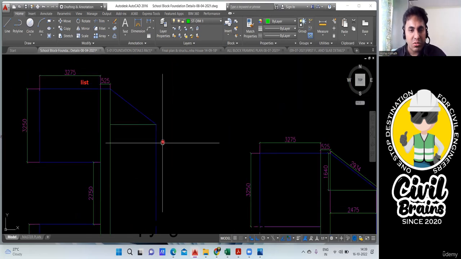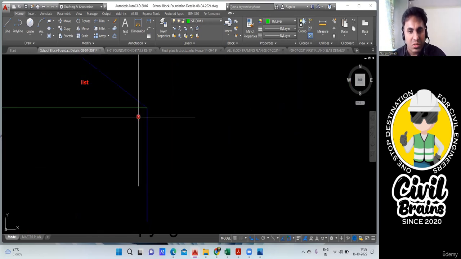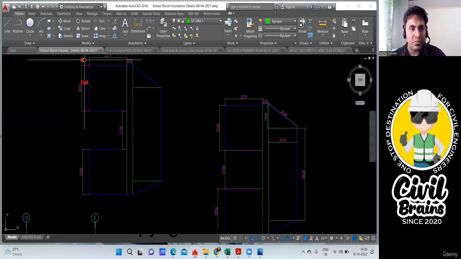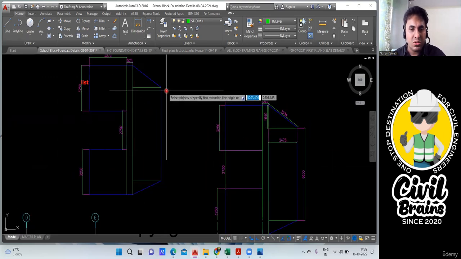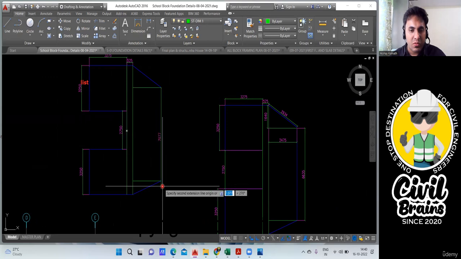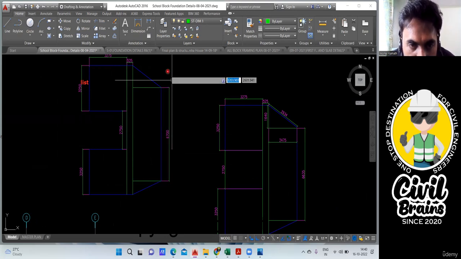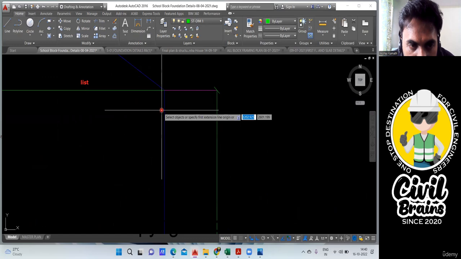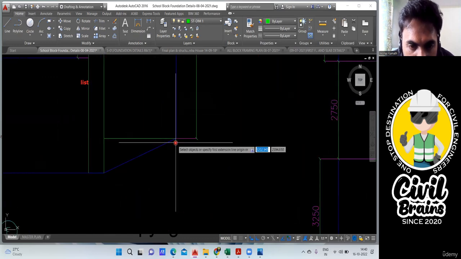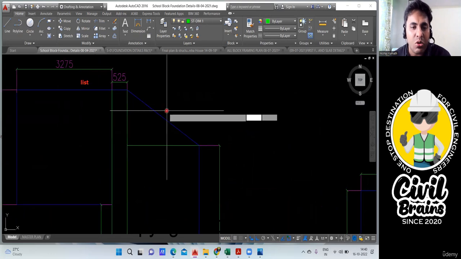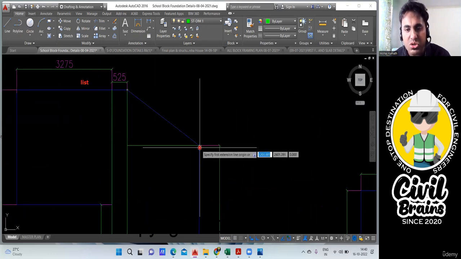And same thing here also. Here it is joined correctly. So this dimension, and from there to here. Yeah, fine. So all dimensions I got. Now I want to find this dimension, no? This slant portion I want.